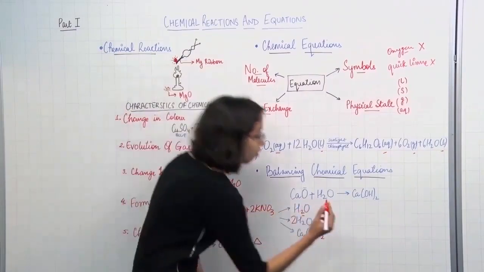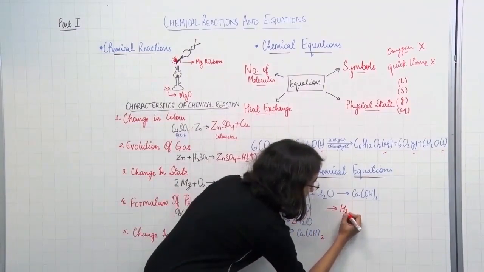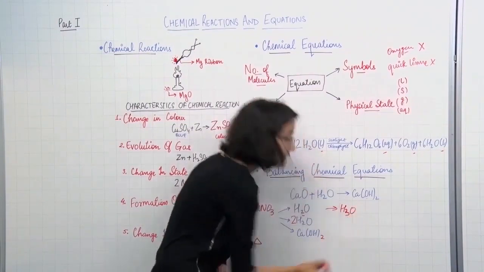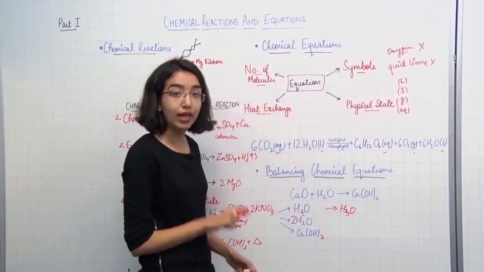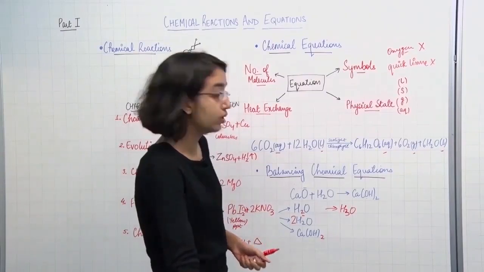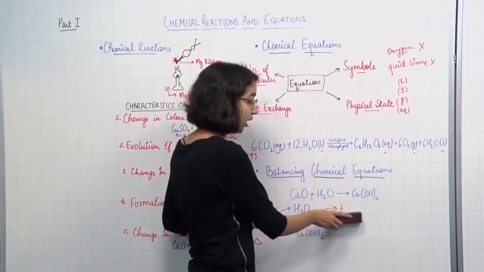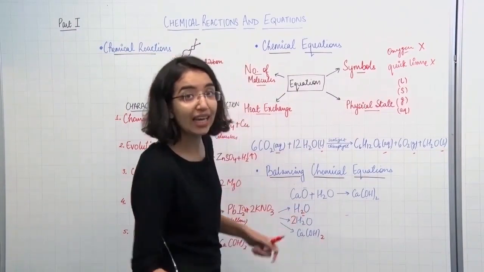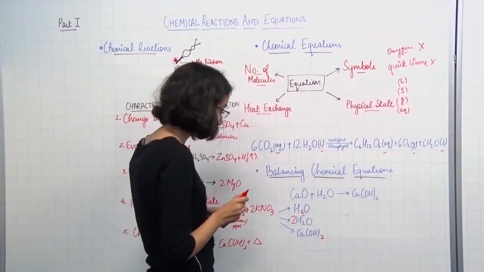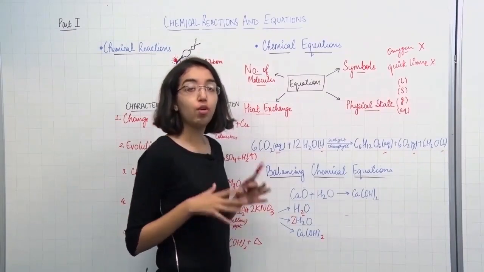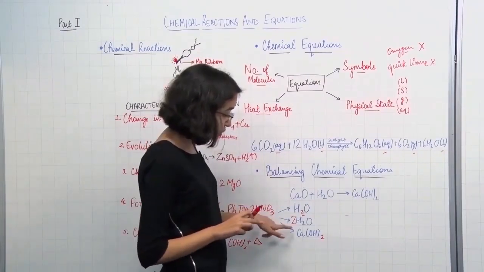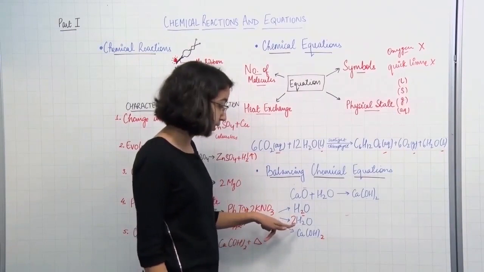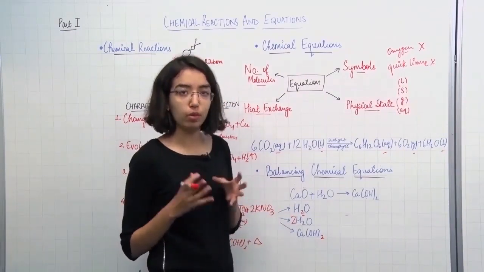If I make H2O into something like H3O, that will be wrong, because now it will not be water anymore, it will lose its properties. We cannot change what is inside the molecule. But we can have more than one molecule. So this red 2 indicates that there are 2 molecules of water, which is a possibility.